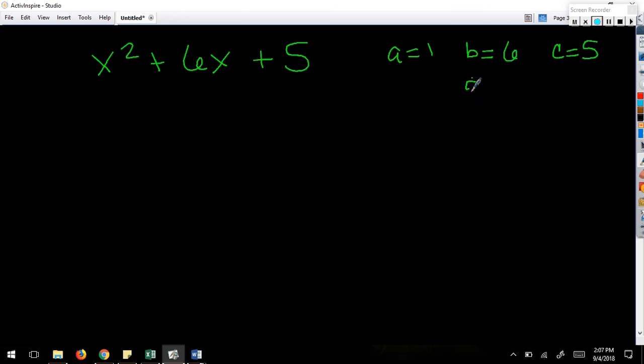What do you get? I need two factors of 5 that multiply to 5 but add to 6. 1 and 5. They multiply to 5 and add to 6.